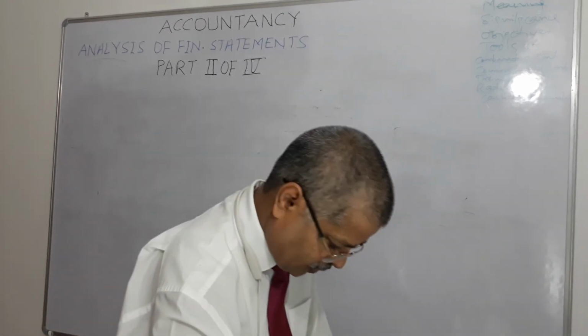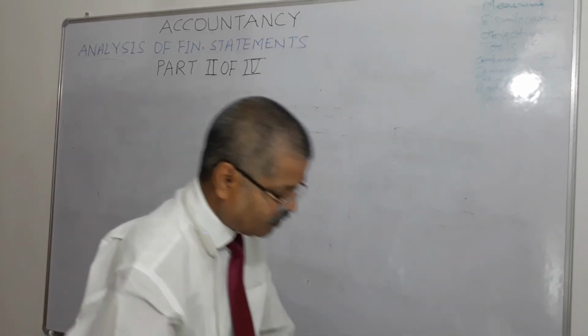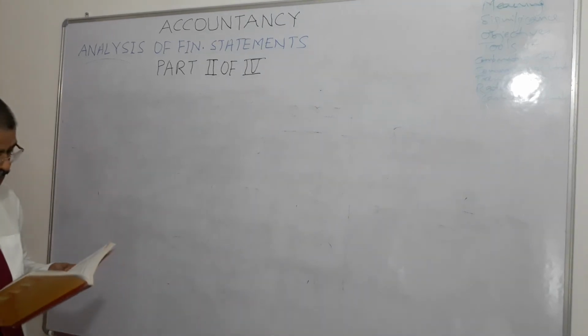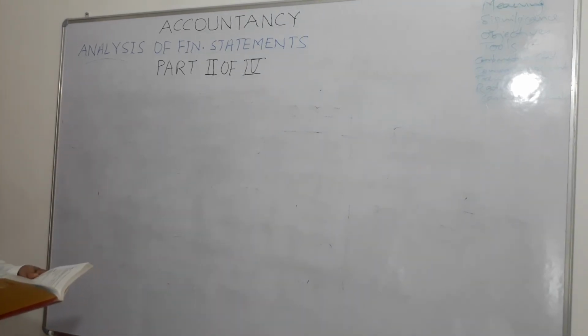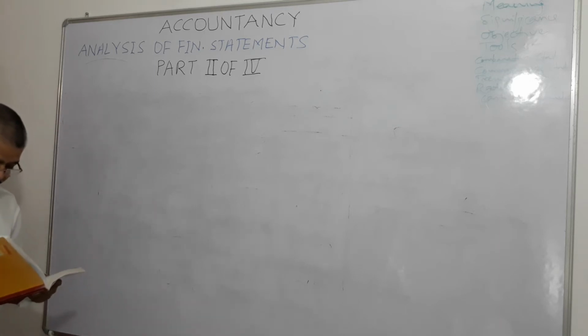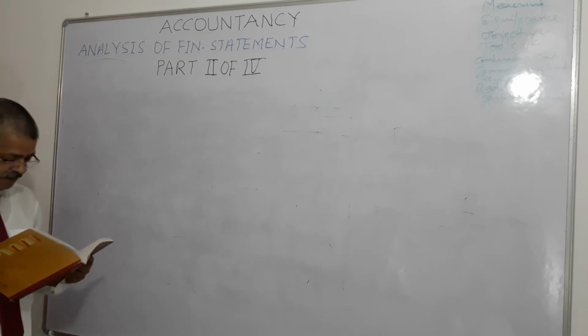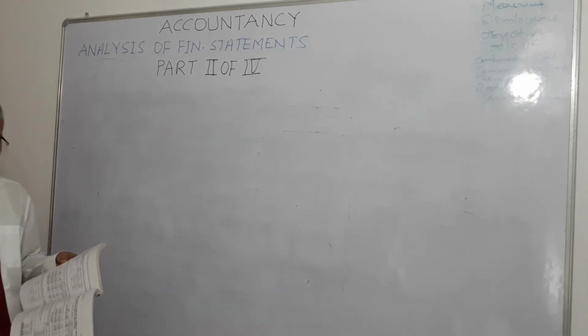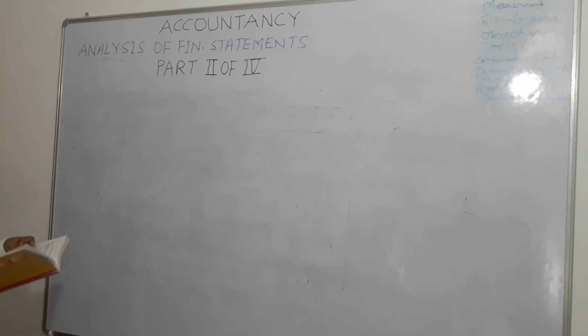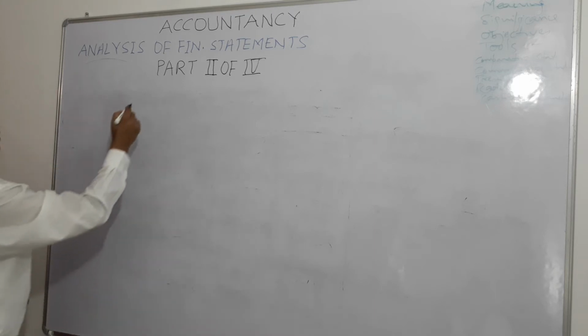The second sum is: from the following statement of P&L of Madhu Company Limited, prepare a comparative statement of P&L for the year ended 31st March 14 and 31st March 15, right? Madhu Company Limited.